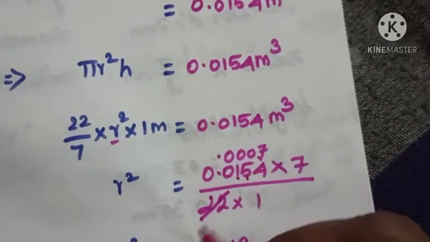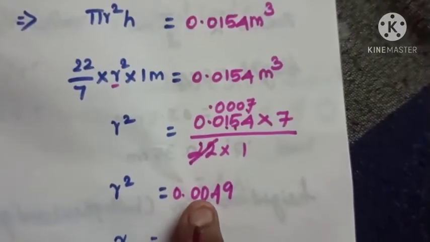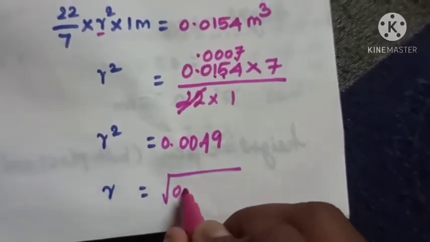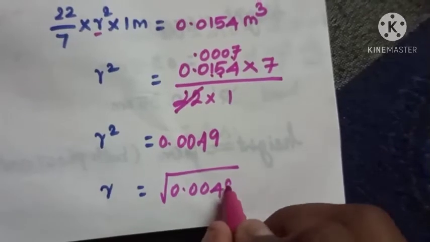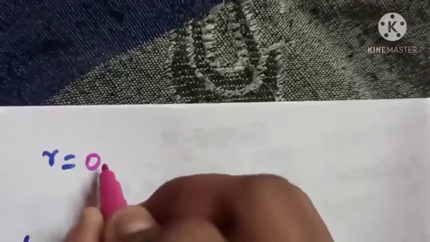So now we get the value r square equal to 0.0049. We need to take the square root of this decimal value. We get 0.07.